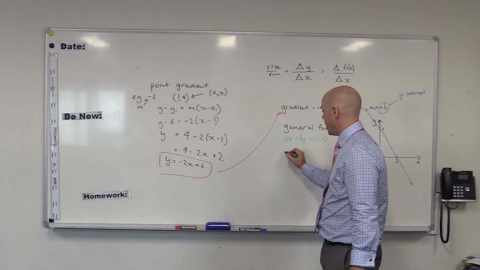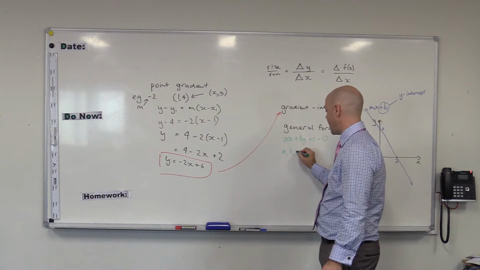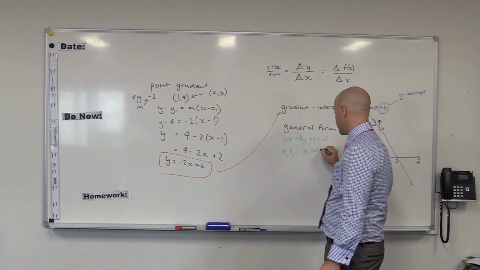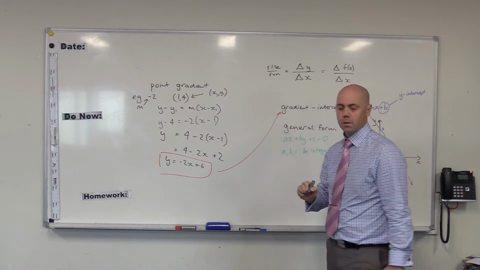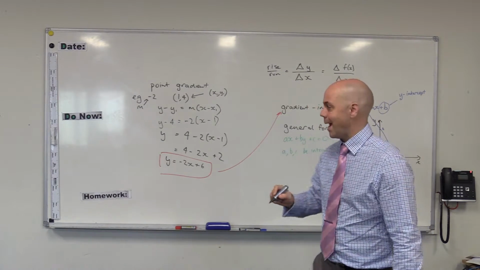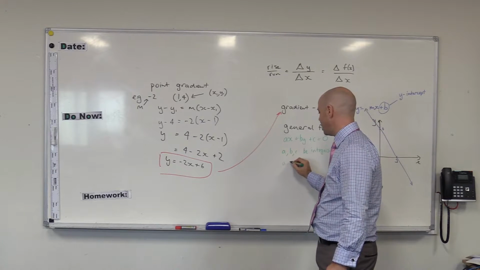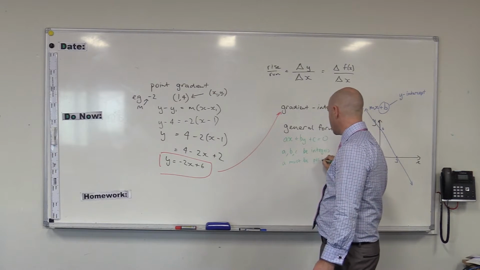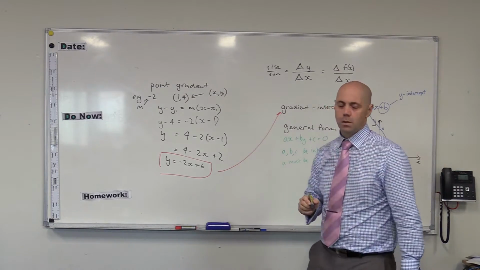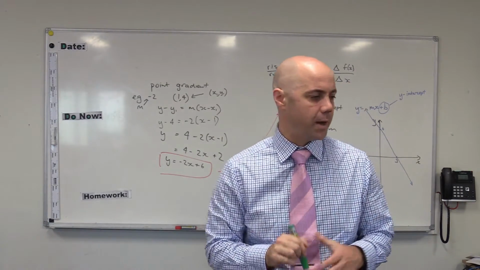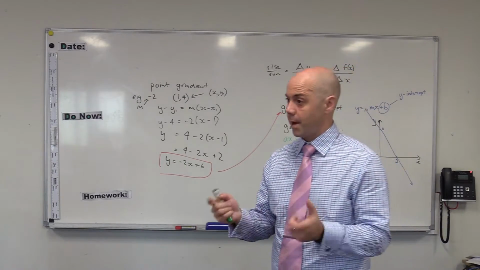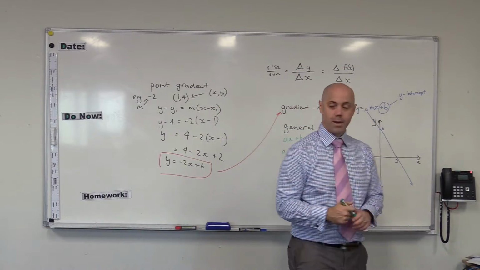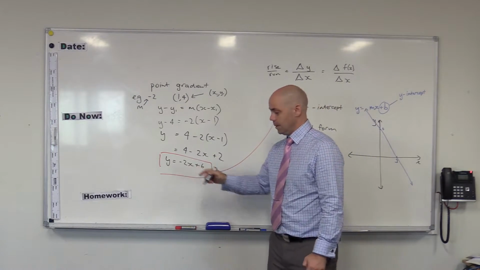A, B and C must be integers, must be whole numbers, and A must be positive. So you've got to rearrange it in such a way that A, B and C are whole numbers and that A is positive. So let's rearrange this one, the same line, let's write it into general form.